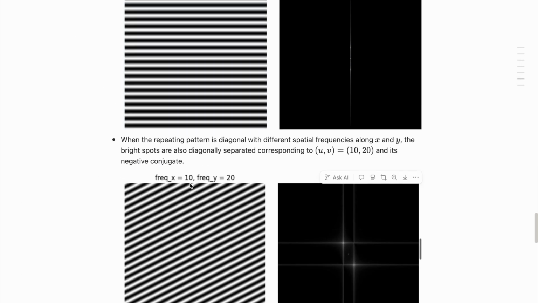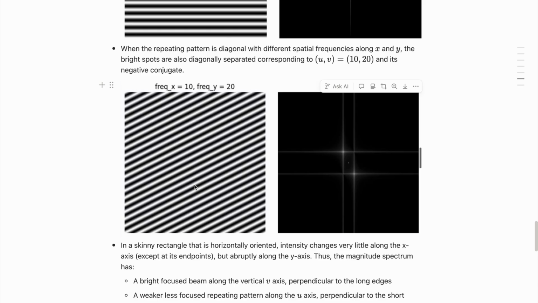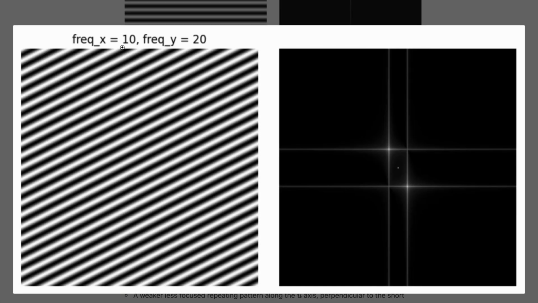Let's keep going. What if I create an image that has both horizontal frequency, in this case 10, and a vertical frequency of 20? Well, I get these oblique repeating patterns. And in this case, again, I get two bright spots here.